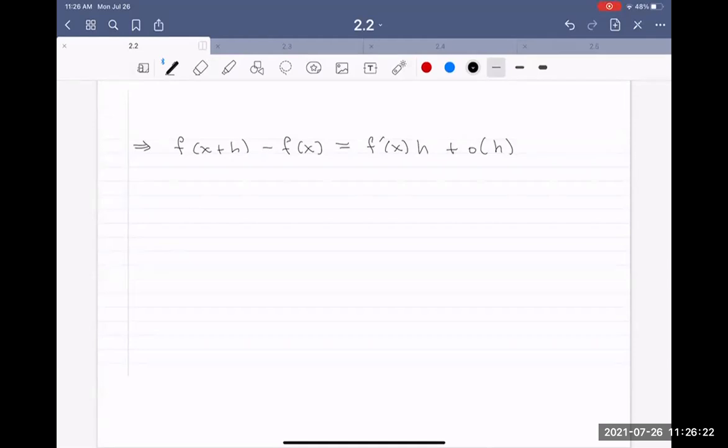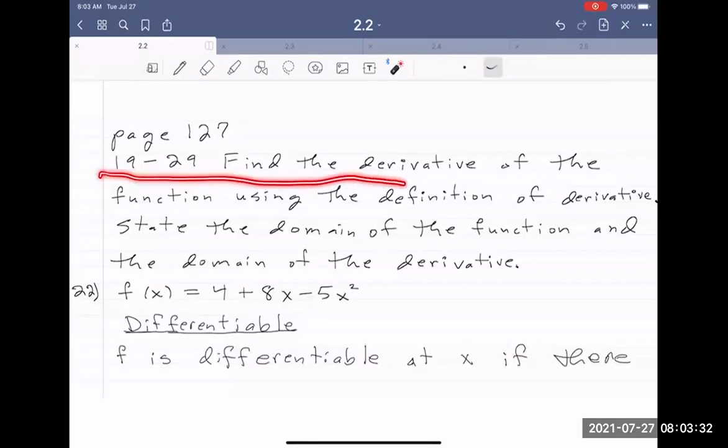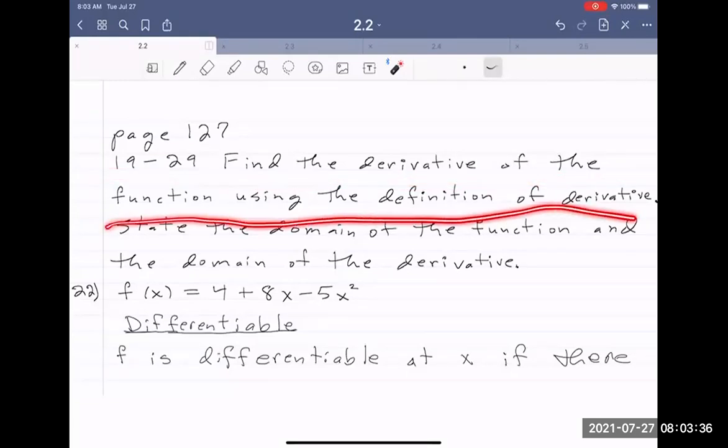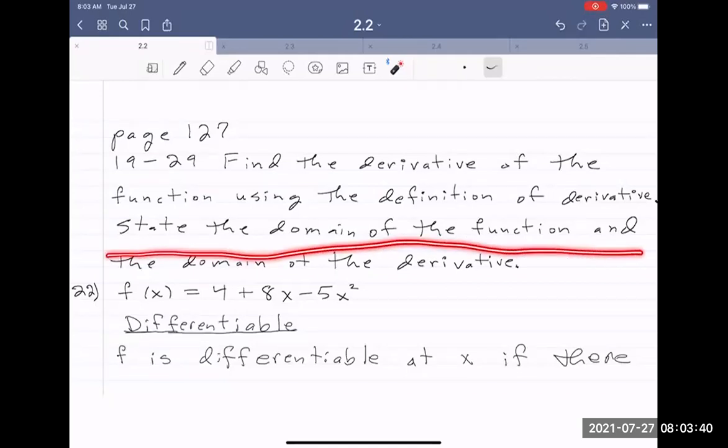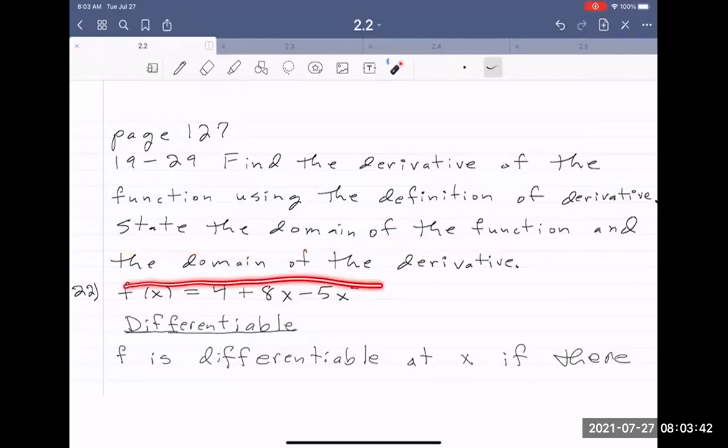So I want to find this f prime. So here in problems 19 through 29, find the derivative of the function using the definition of the derivative, and state the domain of the function and the domain of the derivative.